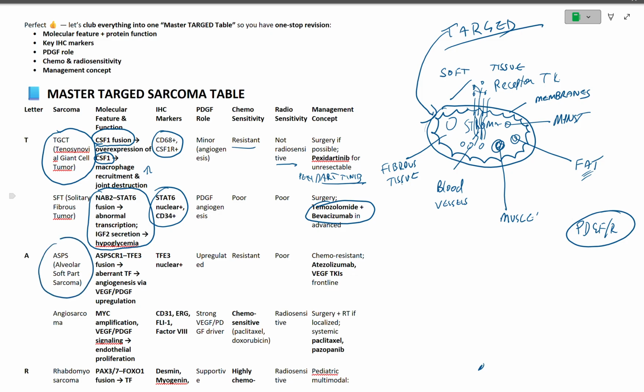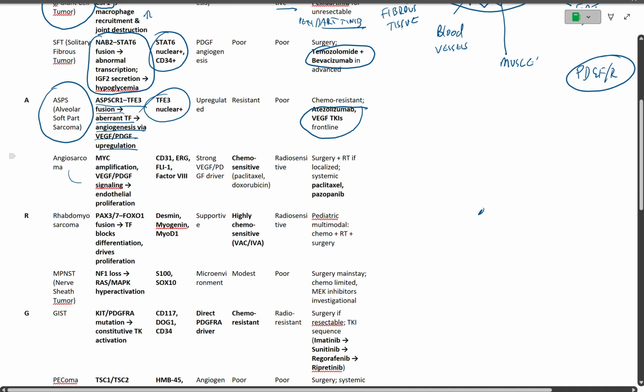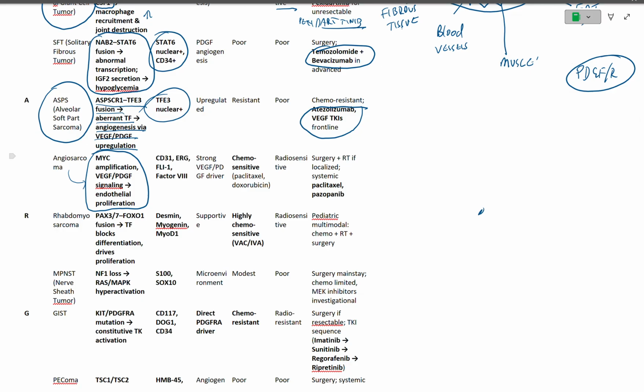In the alveolar soft part sarcoma, TFE3 fusion, angiogenesis upregulation, nuclear positivity, antisol, VEGF-TKI. Angiosarcoma, facing MYC amplification, and pazopanib, paclitaxel.